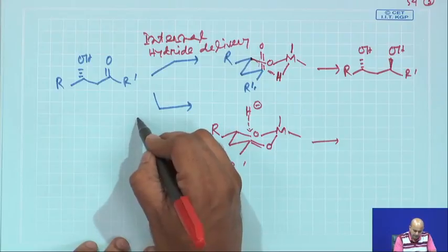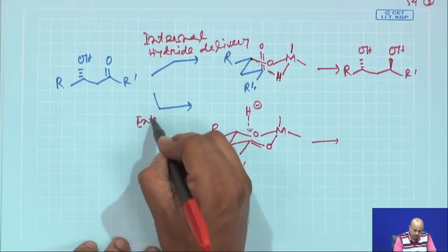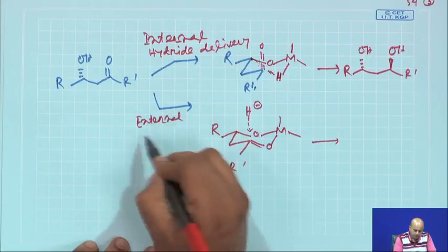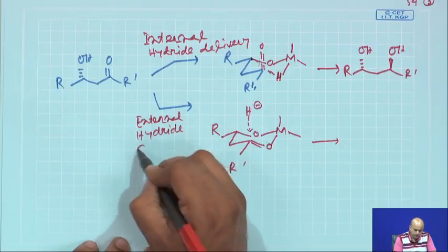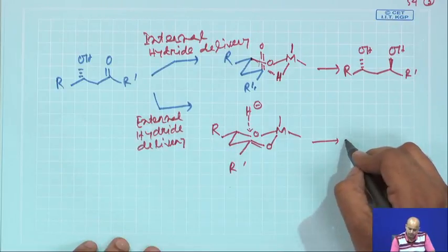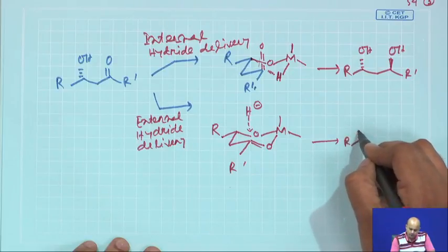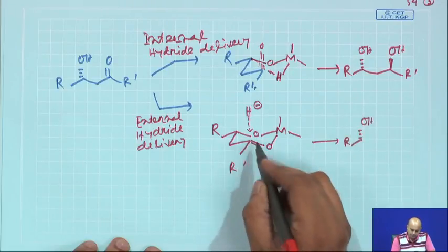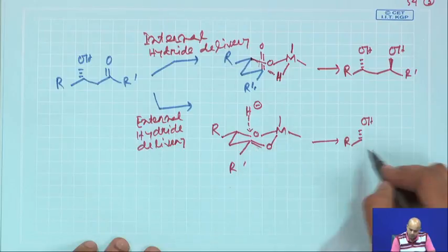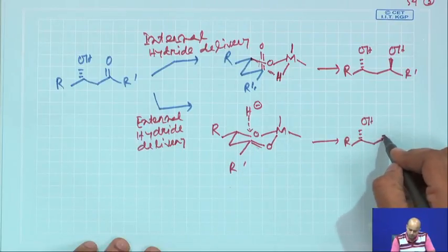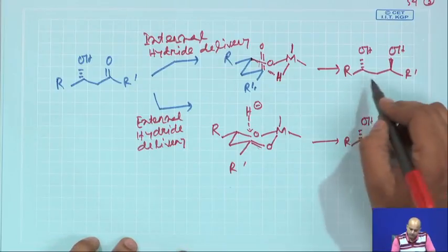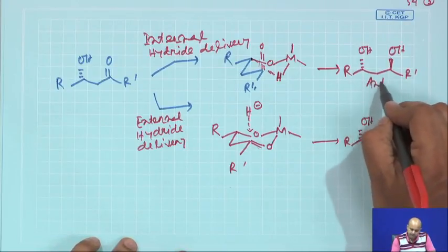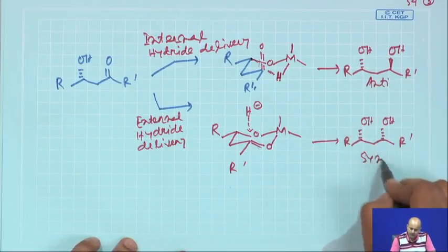So, this is external hydride delivery. In this case, if the reaction goes, both are seen, this is below, this is below. So, this you get anti, this you get syn.